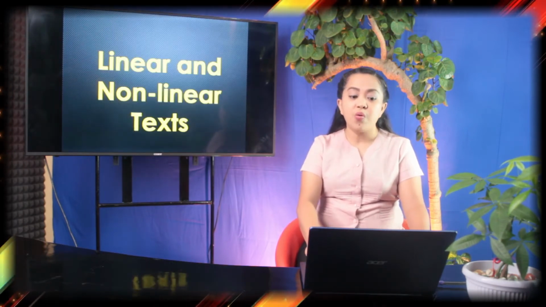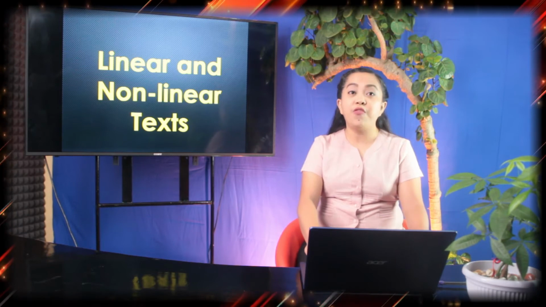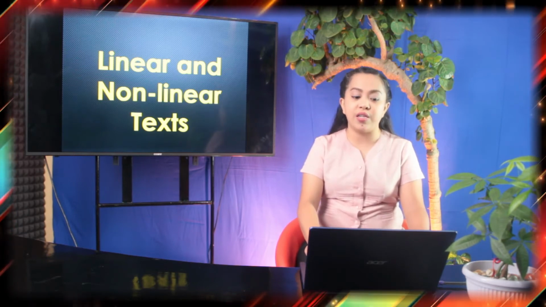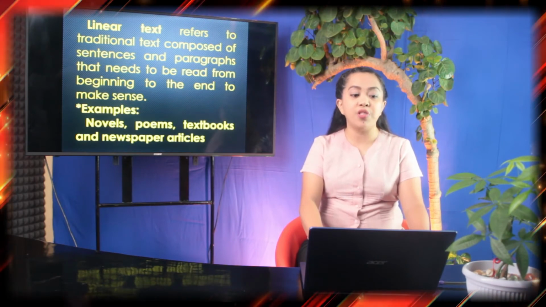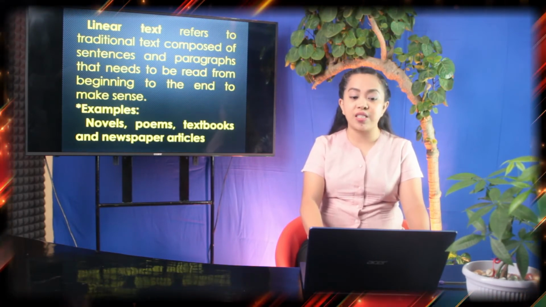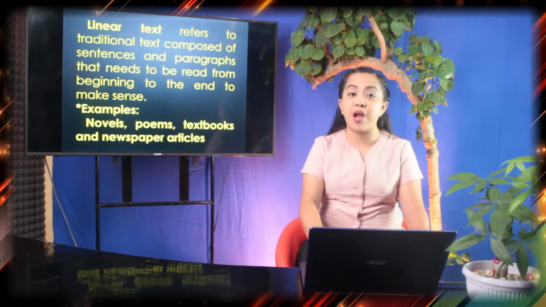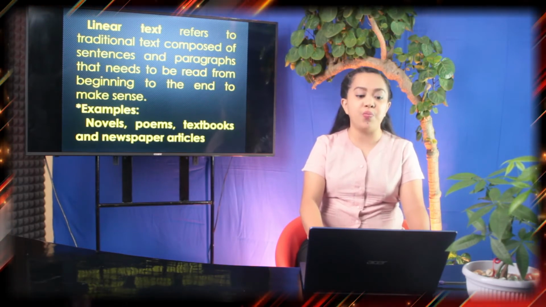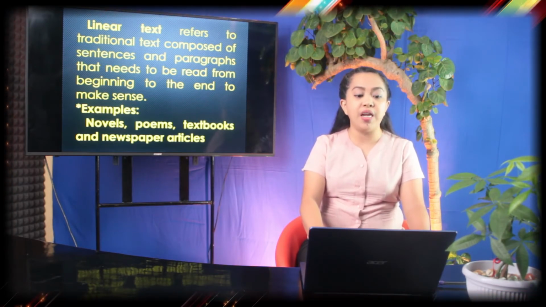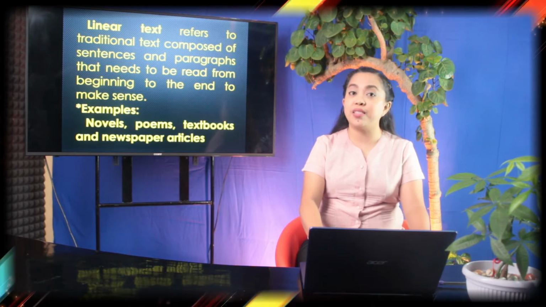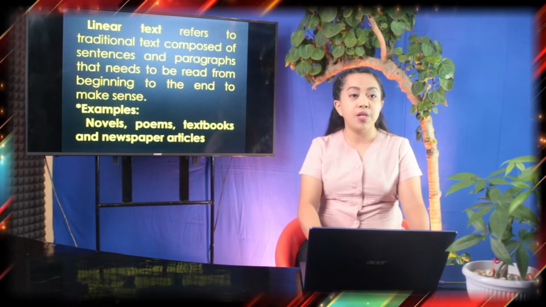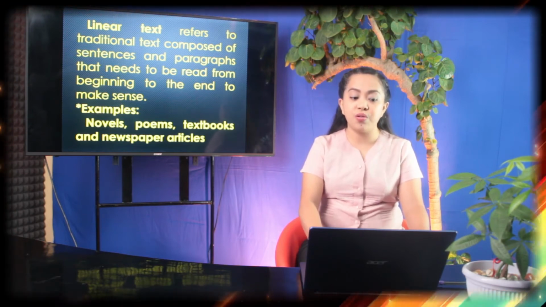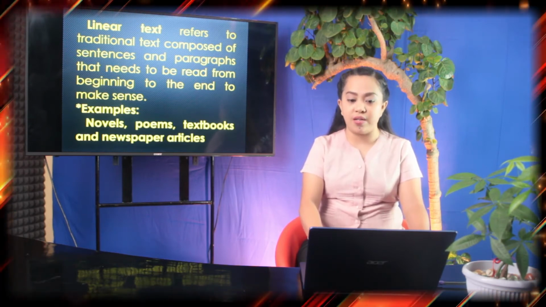This time, we're going to define linear and nonlinear texts. Linear text refers to traditional text composed of sentences and paragraphs that need to be read from beginning to end to make sense. Examples: novels, poems, textbooks, and newspaper articles.